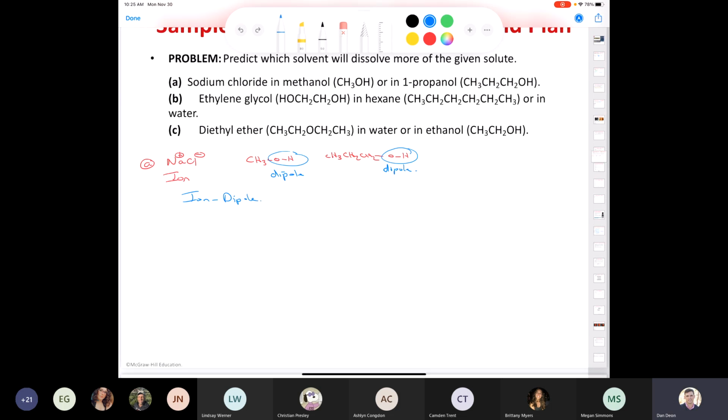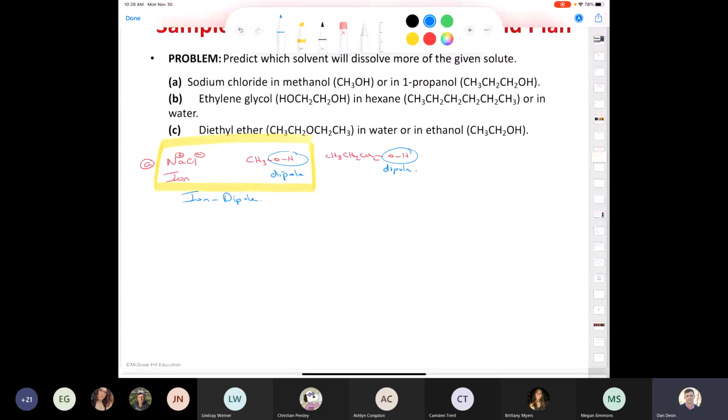Yeah, everybody's right. It's methanol, CH3OH. Exactly. The hydrocarbon tail of 1-propanol is larger, and it's not going to interact with the ions. So it's going to dissolve best in methanol.